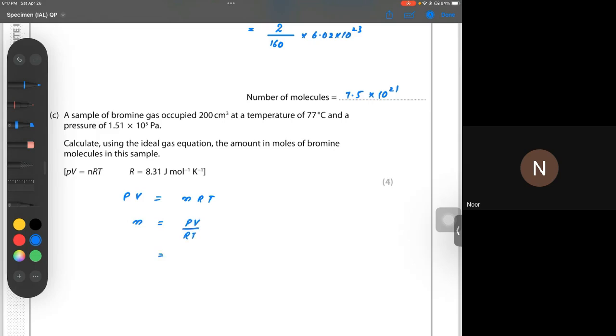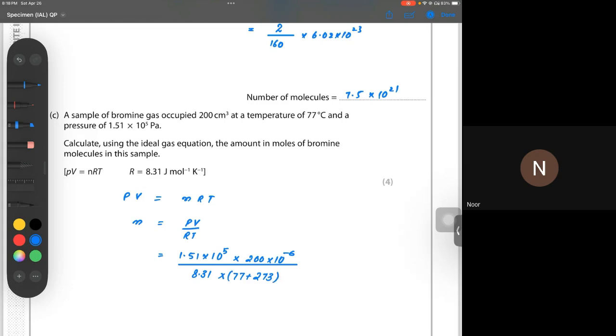P is the pressure, 1.51 times 10 to the power 5. Volume is 200 centimeter cube converted to meter cube, so 10 to the power minus 6. R is 8.31, and the temperature is 77 plus 273.